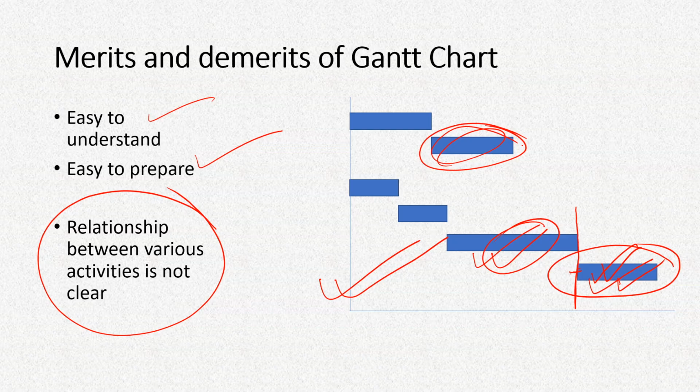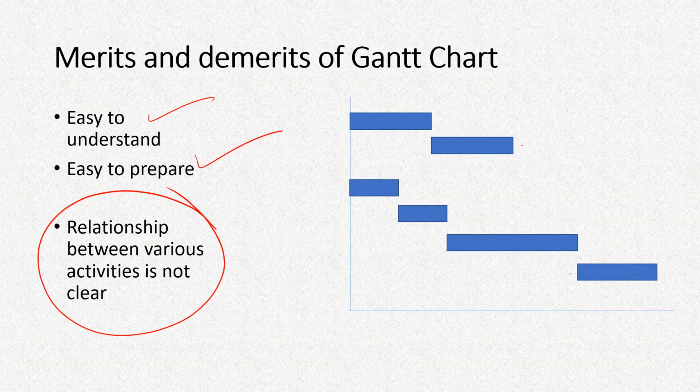In some modern softwares where this kind of bar charts are prepared automatically after you feed all the data, they do have arrangement for preparing arrows to show these interrelationships. That means if one arrow comes from this activity and meets here, this activity is dependent on this.